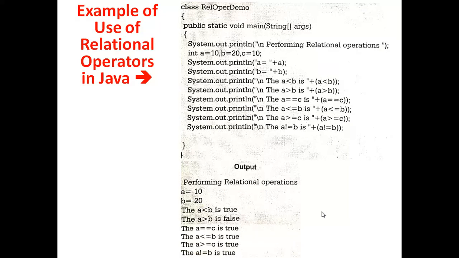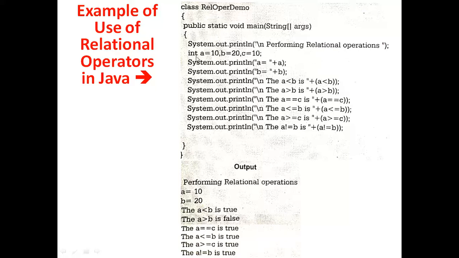We'll see one more example, that is the use of relational operators in Java. Here I have created one class which is called Relation Operator Demo, in which I have written the main function, and in main I have written system.out.println performing relation operations.